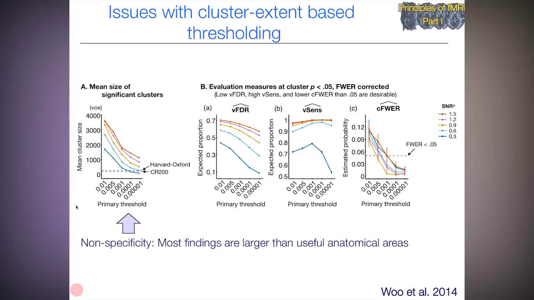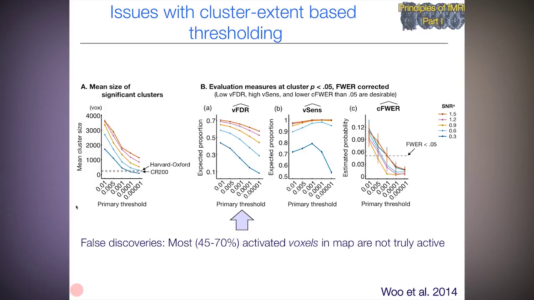And it creates appealing looking maps, and we can't make the inferences from them that we'd like to make. So that's one issue. Secondly, if I do try to interpret each voxel on that map, if I say, oh, look at all these areas are really probably active, then I will be wrong much of the time. So in simulations that are similar to the case I showed you, in a range of cases, 45 to 70% of the activated voxels in the map are actually not truly active. So there's a very high false discovery rate.